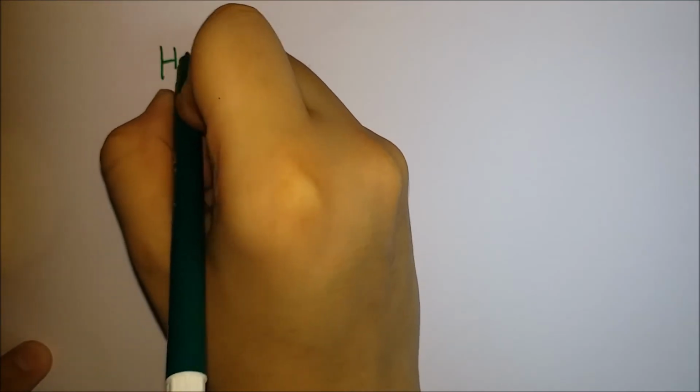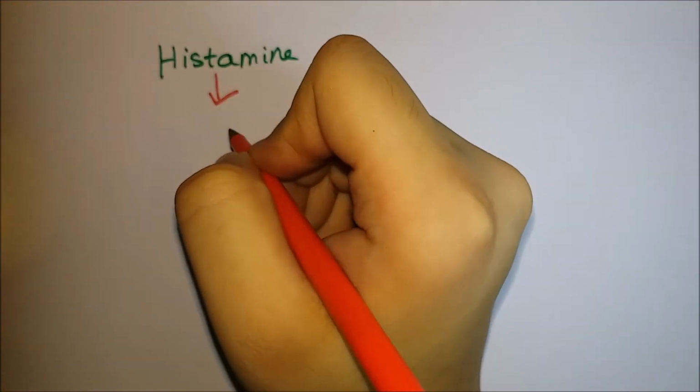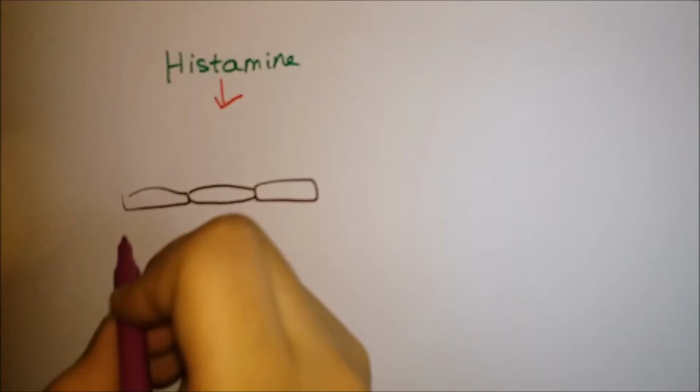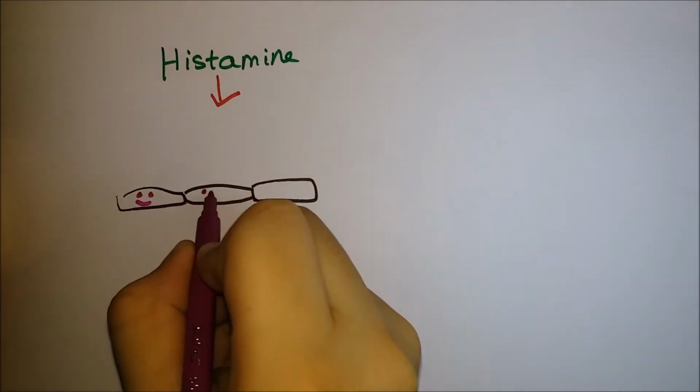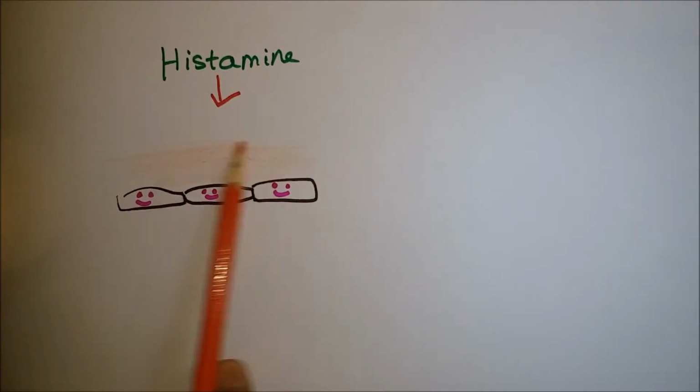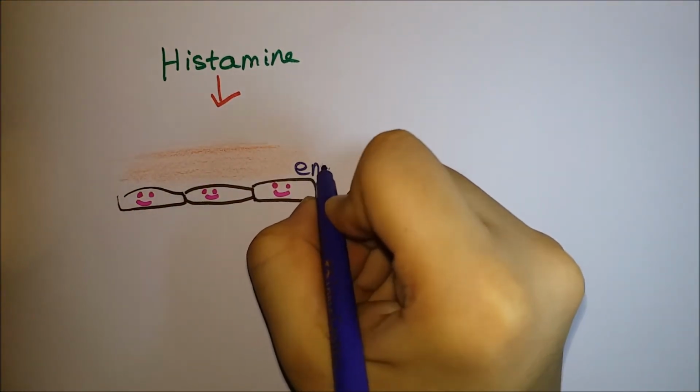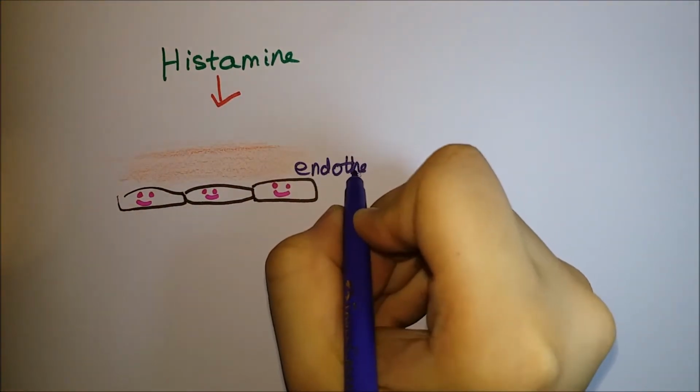Now, histamine does another thing. Histamine will also act on the endothelial cells of the blood vessel, and they cause release of intracellular stores of calcium, which will cause contraction of the vascular endothelial cells.